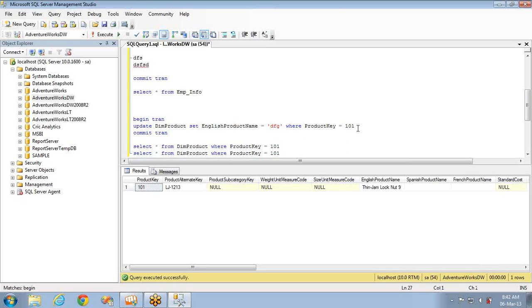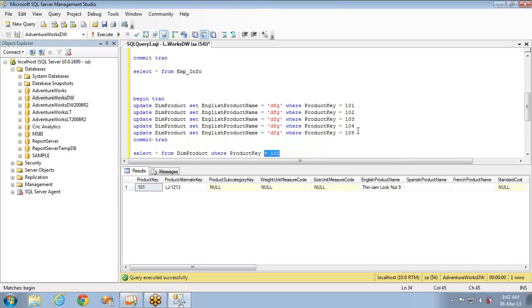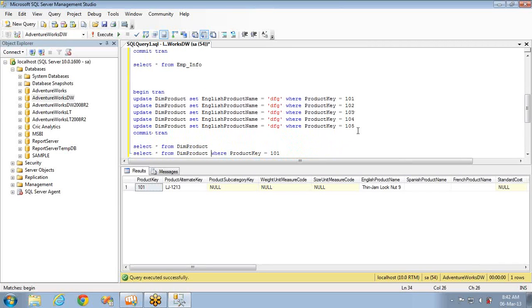Let's say I'm executing some 100 statements like this for different IDs, 101, 102, 103, 104, 105, and so on. And I'm reading the data using select statements without any gap, continuously.